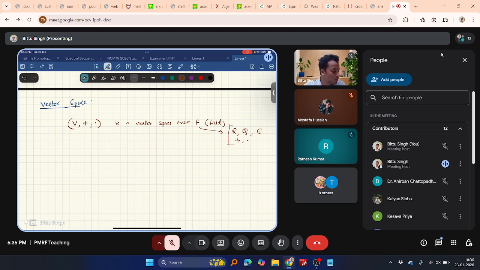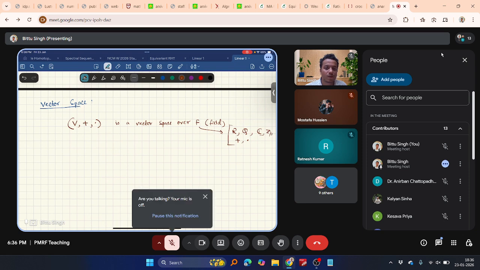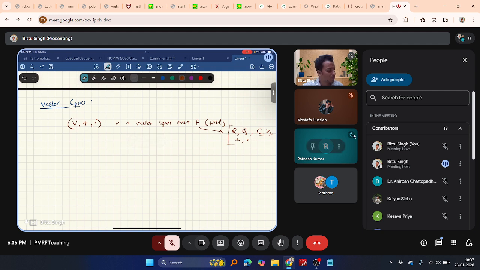So the common examples are real numbers, rational numbers, complex numbers, and Z_p. Okay, what is Z_p? Z_p means the elements are of this form: 0 1 2 up to p minus 1. That is, we are taking integers modulo p, so p becomes 0.